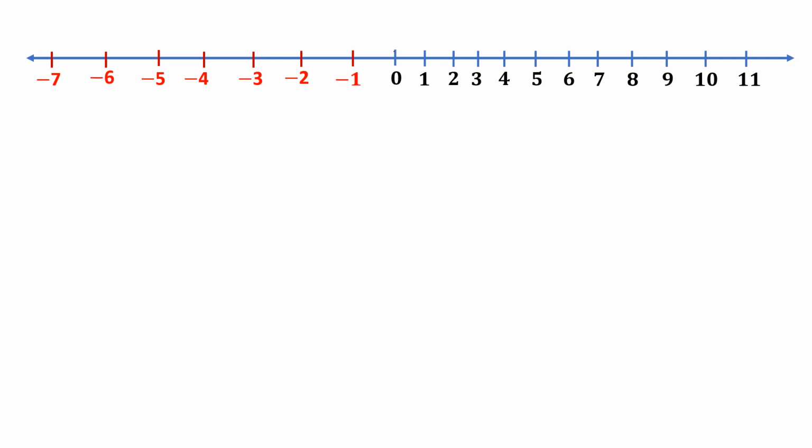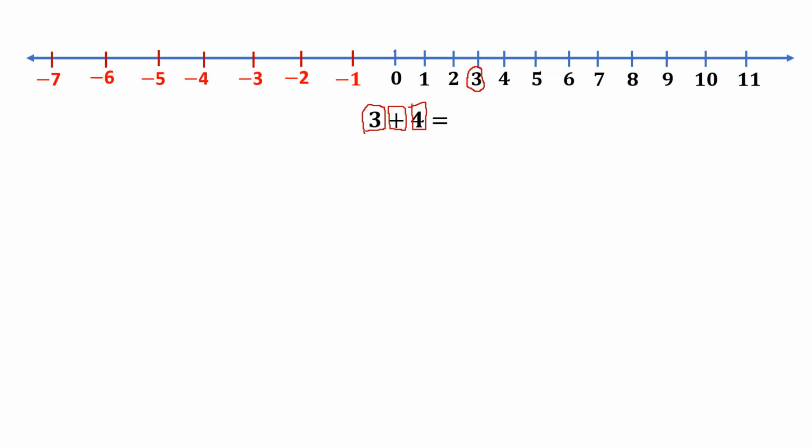Let me start with this one as my first example. The first number is the starting point. The middle sign determines the direction, and the last number is the number of steps that I am going to move in the specified direction. In this case, our starting point is 3. From 3, if it is positive, I move to the right.